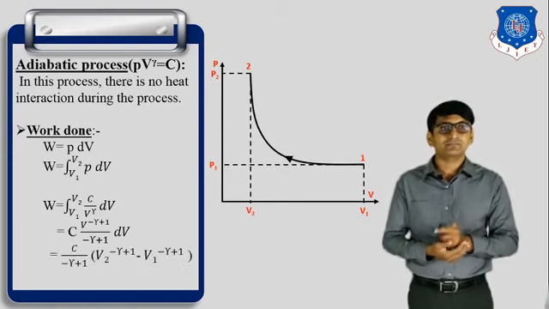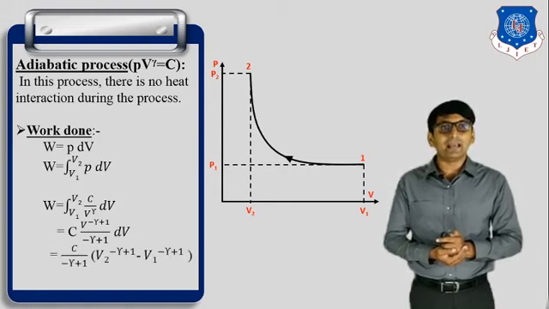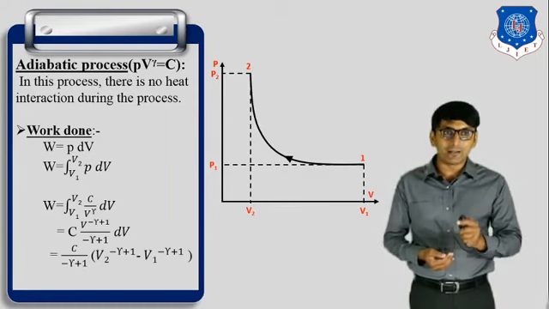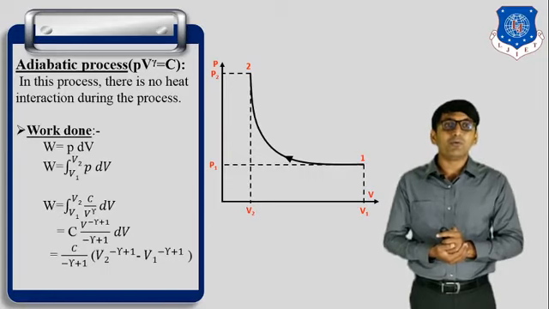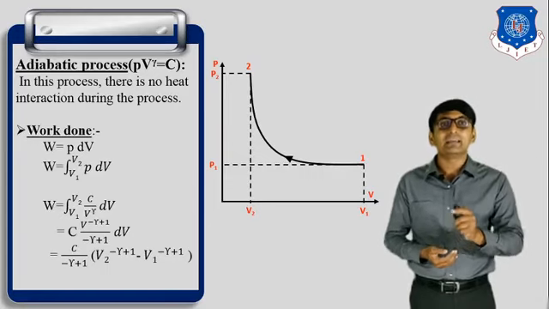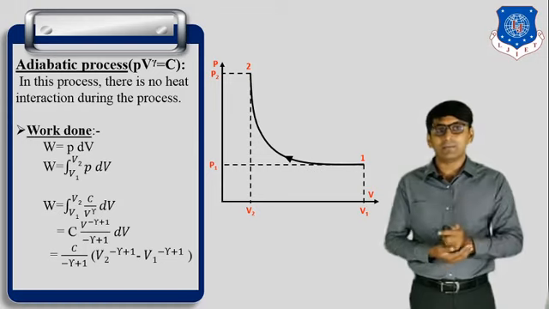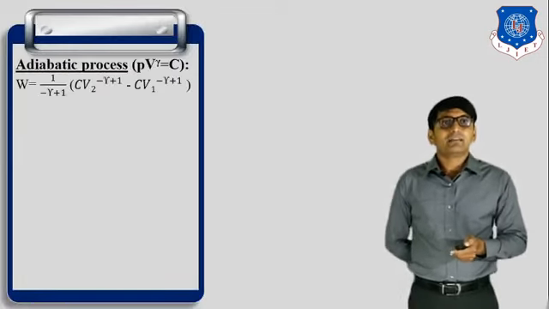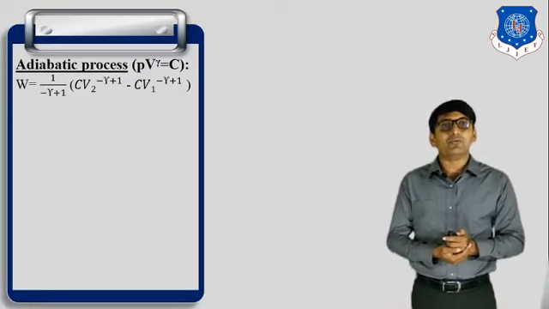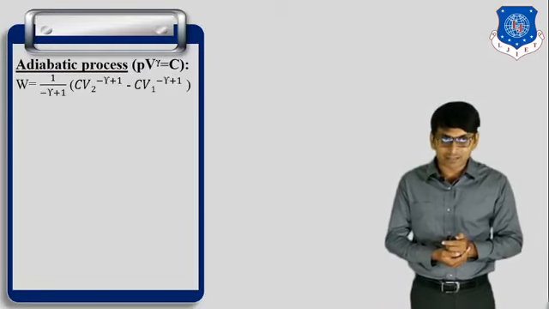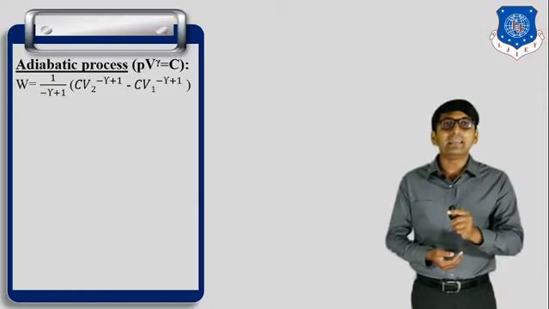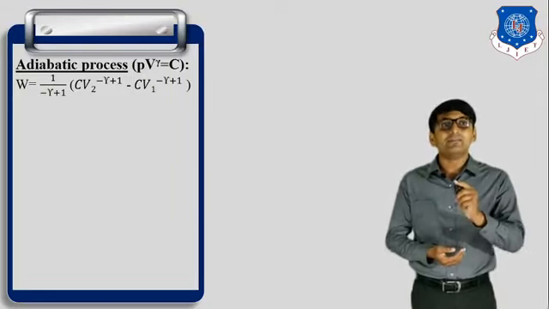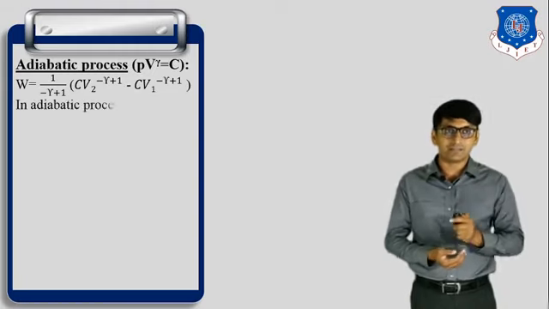If we put in the upper and lower limits, we get C divided by minus gamma plus 1, times V2 raised to minus gamma plus 1 minus V1 raised to minus gamma plus 1. Then W is equal to 1 divided by minus gamma plus 1, in brackets, C V2 raised to minus gamma plus 1 minus C V1 raised to minus gamma plus 1.